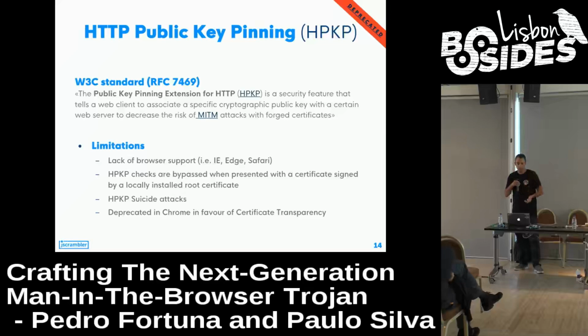It's not really supported by many browsers, for instance, IE, Edge, and Safari. It received a lot of support in Chrome, but Chrome just announced that they are moving away from this standard because it caused a lot of problems with websites being locked out if the certificate for some reason doesn't match the certificate in the user's browser.